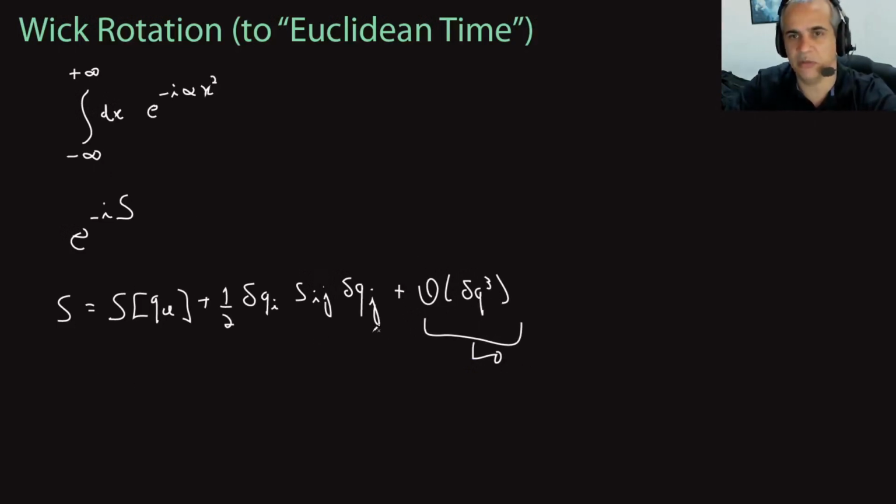This is called the saddle point approximation. And of course, in the cases where we didn't have cubic terms, this was perfect. But even when it is not perfect, as we'll do many times in the course, we can then treat this part that we disregarded perturbatively.